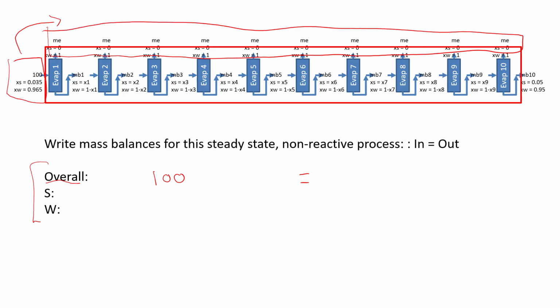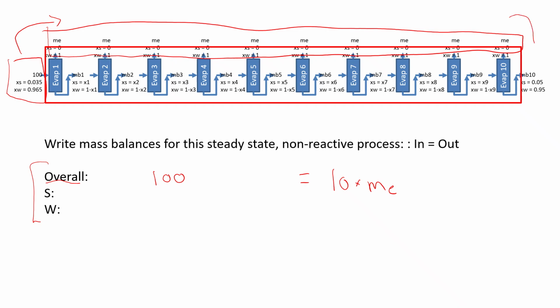So the total amount that leaves, that we will have to count as an output from this control volume, will simply be the number of those streams times the flow rate. So we have 10, and we'll multiply that by the flow rate, ME. So the total amount that comes out of this control volume that's associated with those 10 evaporators is just 10 times ME.